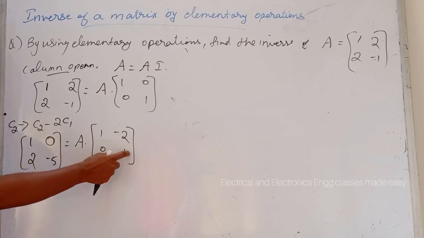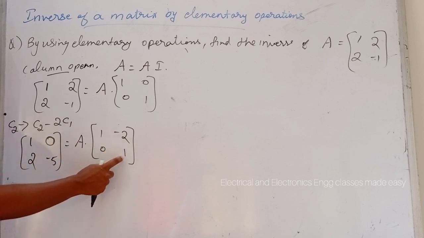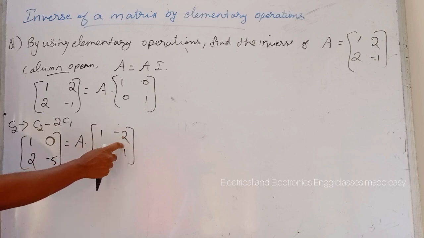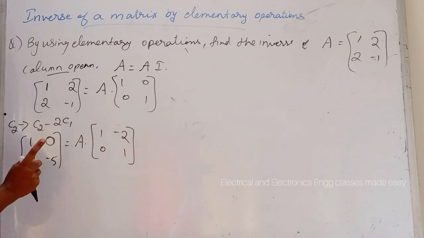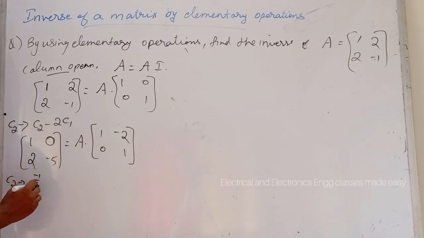Then next step is to make this one, that is the second column, second element, 1. So here this minus 5 we have to make 1. So for that C2 implies minus 1 by 5 into C2 we have to do.